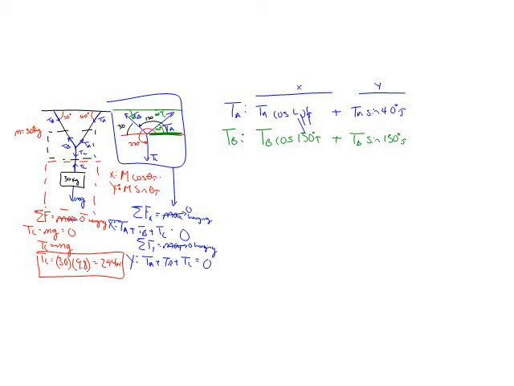Last one, TC. What's nice about TC is we already know that TC is 294 from what we did earlier. The magnitude is 294 cosine, and then we look at its angle as 270.